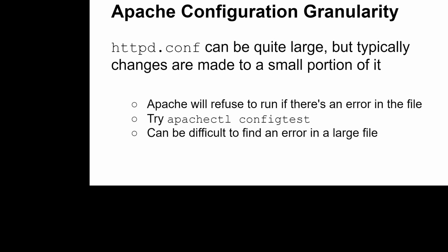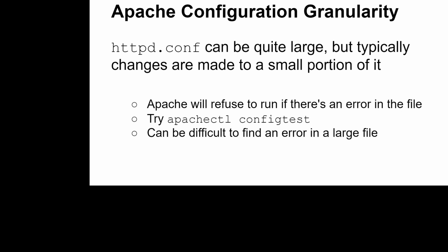The httpd.conf file is typically large, but usually we only make changes to a small portion of it, change one particular setting, and then reload the Apache system so that it runs with the new commands.